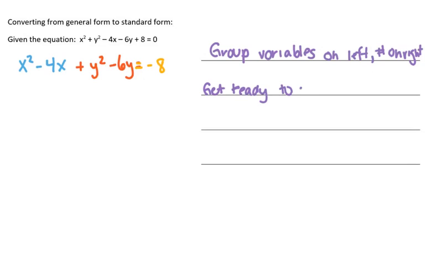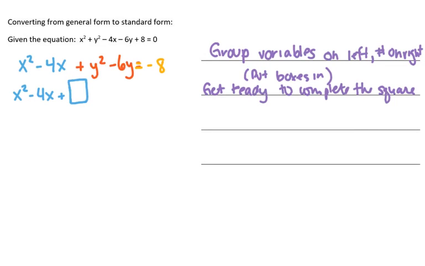So once I've done that, I'm going to start to get ready to complete the square. And for this next step, I'm just going to put boxes in. So I'm going to rewrite this and just get my page ready to get my work shown the right way here. So I can rewrite this as x squared minus 4x. And I remember that when I have to complete the square, I have to take my b value, halve it, square it, and then add it to both sides.